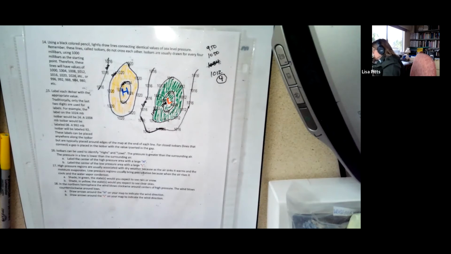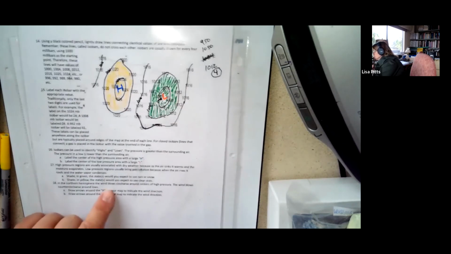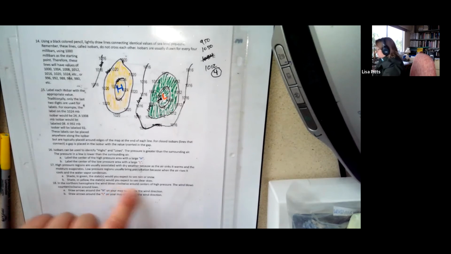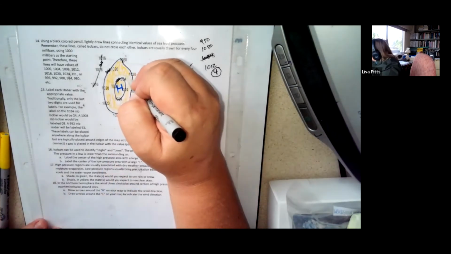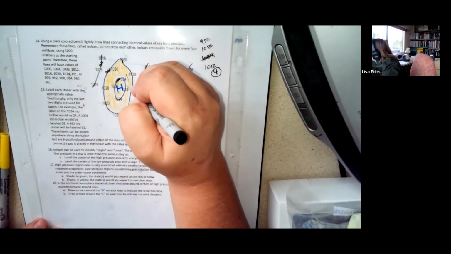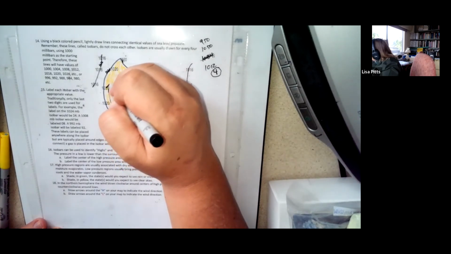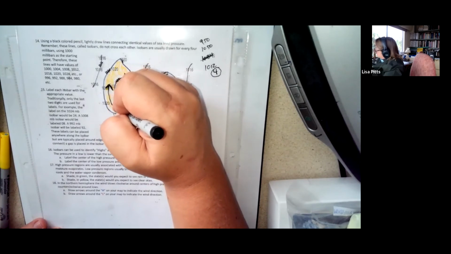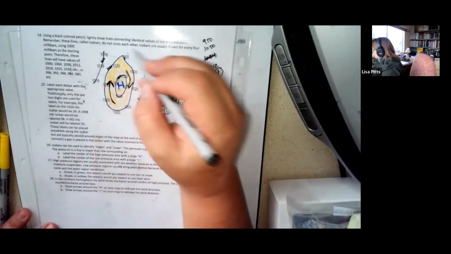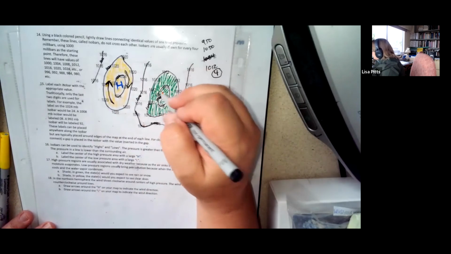We did that. In the northern hemisphere, the wind blows clockwise around centers of high pressure. So draw arrows around the high pressure on your map to indicate the wind direction. So the wind blows clockwise around high pressure. So that would be this way. This way. Okay, and then it's going to be counterclockwise.